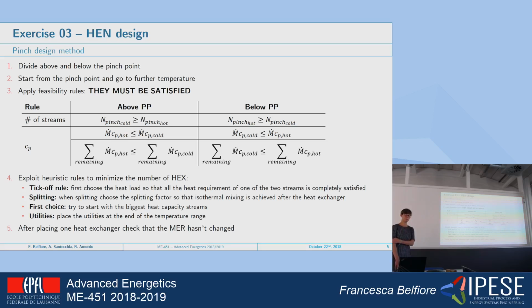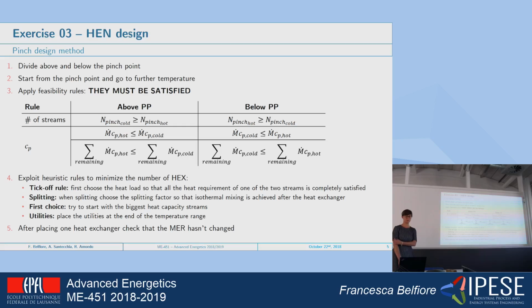Still above the pinch point, when you decide to match two streams, the heat capacity of the hot stream has to be smaller than or equal to the heat capacity of the cold stream. It has to apply also to all the remaining streams, so the sum of the heat capacities of all remaining hot streams has to be smaller than or equal to the sum of the capacities of all remaining cold streams.